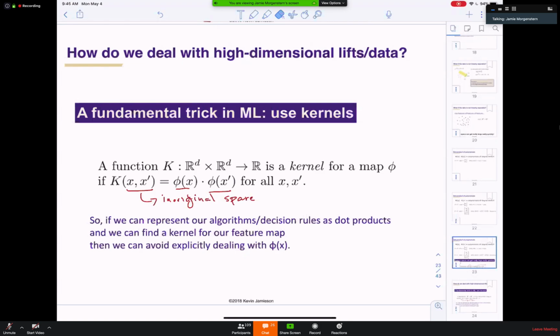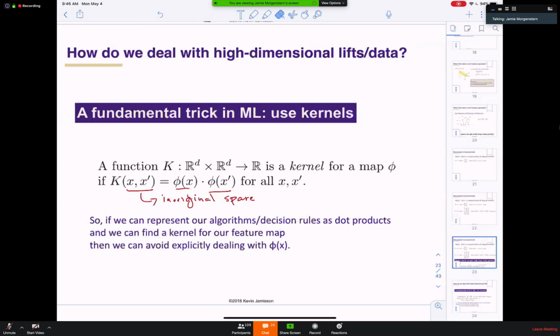So not all maps will necessarily have the most natural kernel, right? The short answer is, if you have a map, you can certainly define the kernel of that map as the thing that explicitly projects our data with phi and then explicitly computes the dot product.